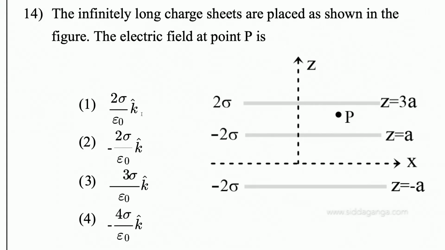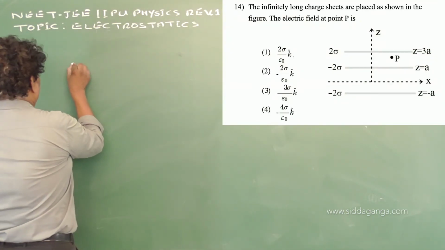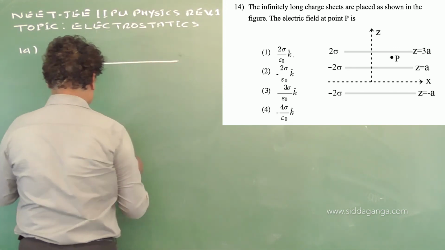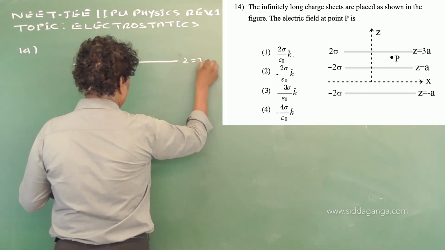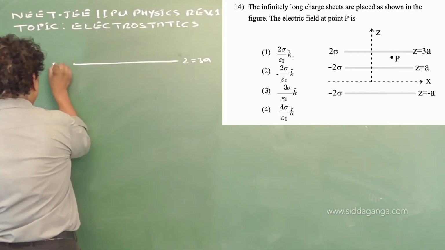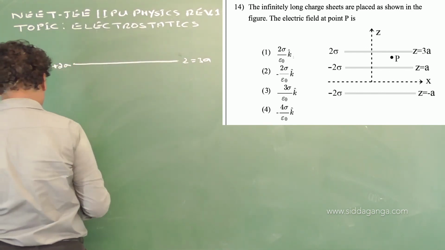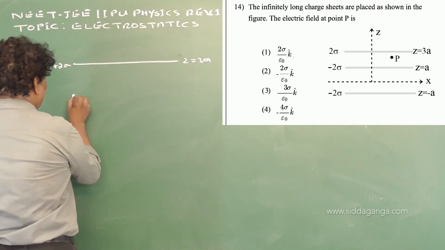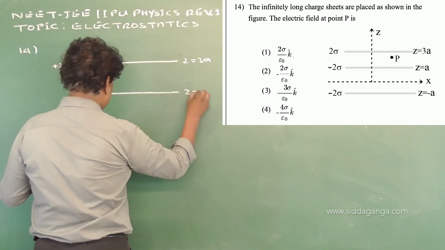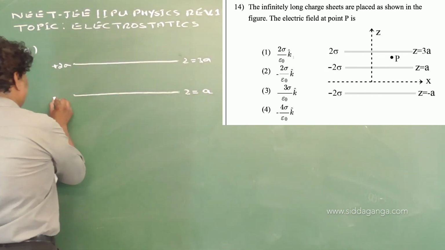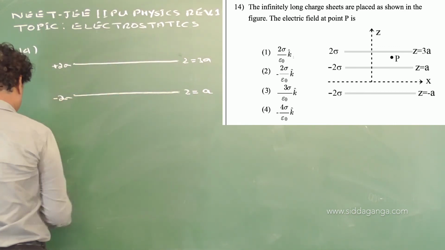The infinitely long charge sheets are placed as shown in the figure. The electric field at point P is? Now in the figure given, the first plate has Z equal to 3A, surface density of charge plus 2 sigma, and the second plate has Z equal to A and this is minus 2 sigma.